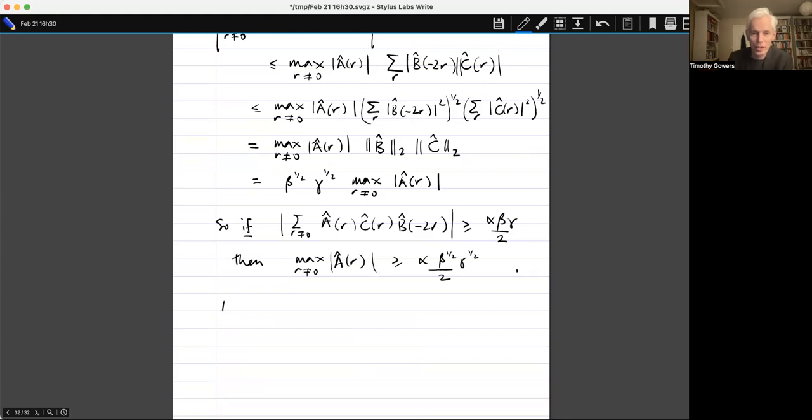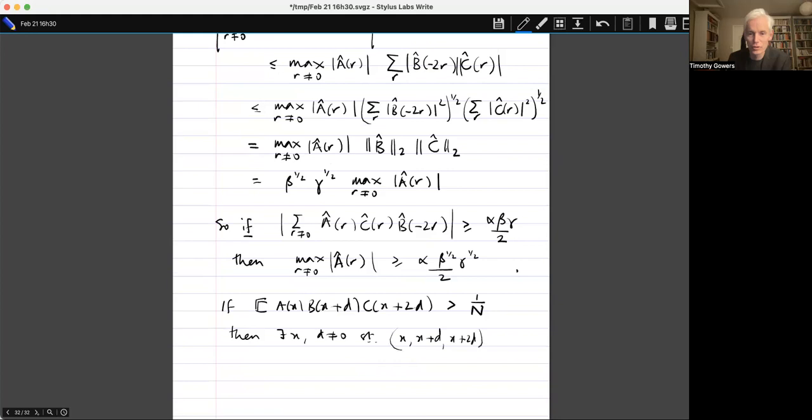If that's not the case, then we'll have that the average of ax bx plus d cx plus 2d is greater than 1 over n, then there exist x and d not equal to 0, such that x, x plus d, x plus 2d belongs to A cross B cross C. Because the number of degenerate progressions of length 3, by which I mean of the form xxx, is n.